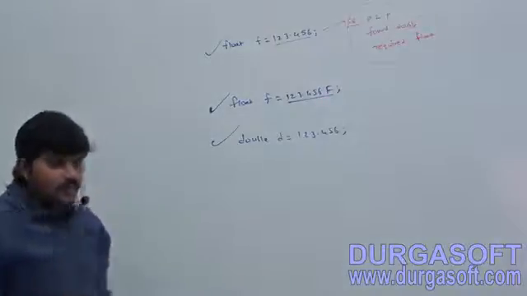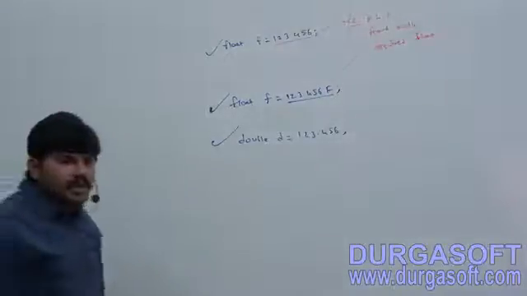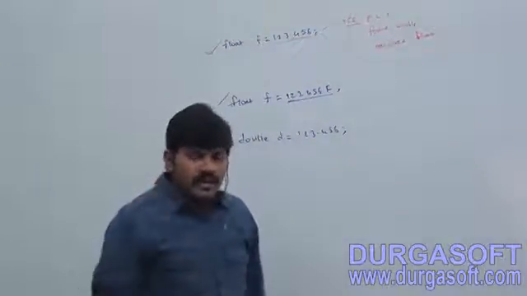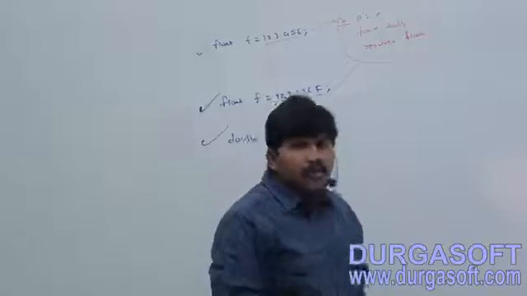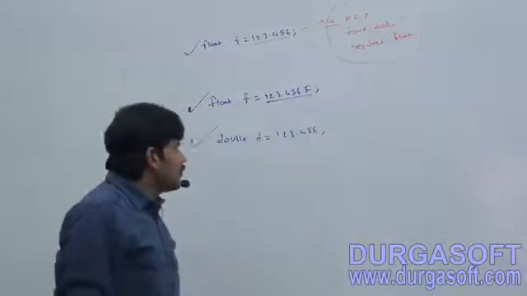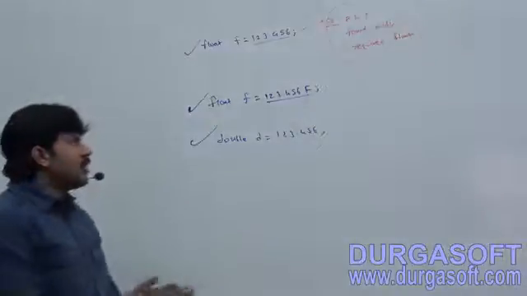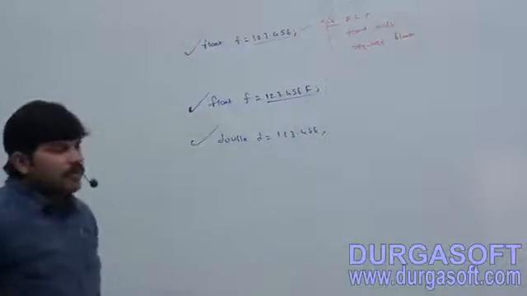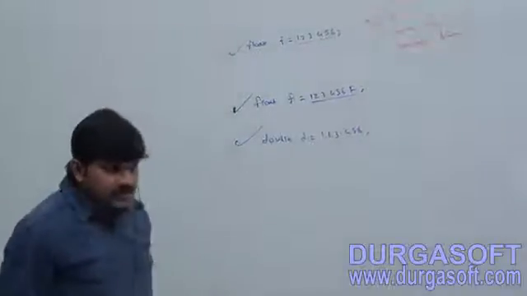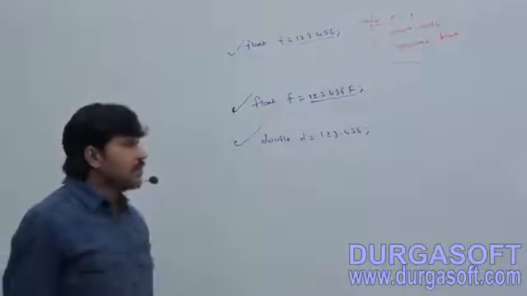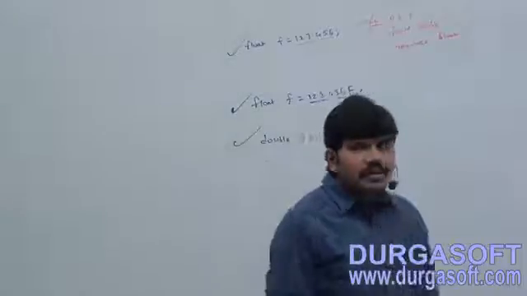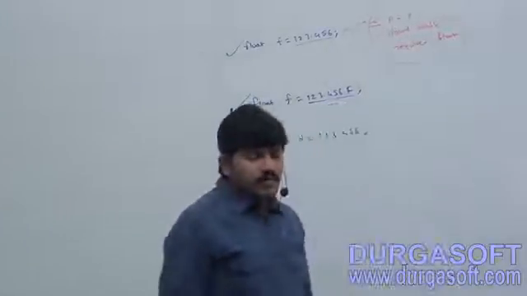By default, every floating point literal is of double type, and hence we can't assign it directly to a float variable.